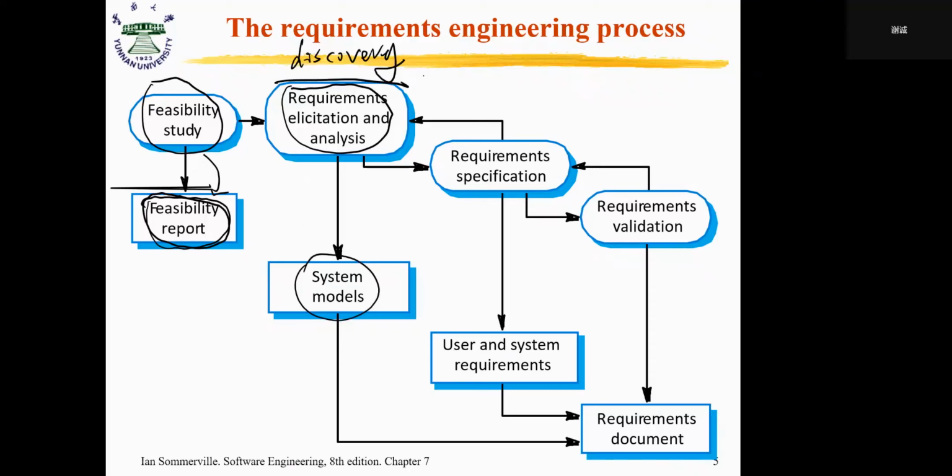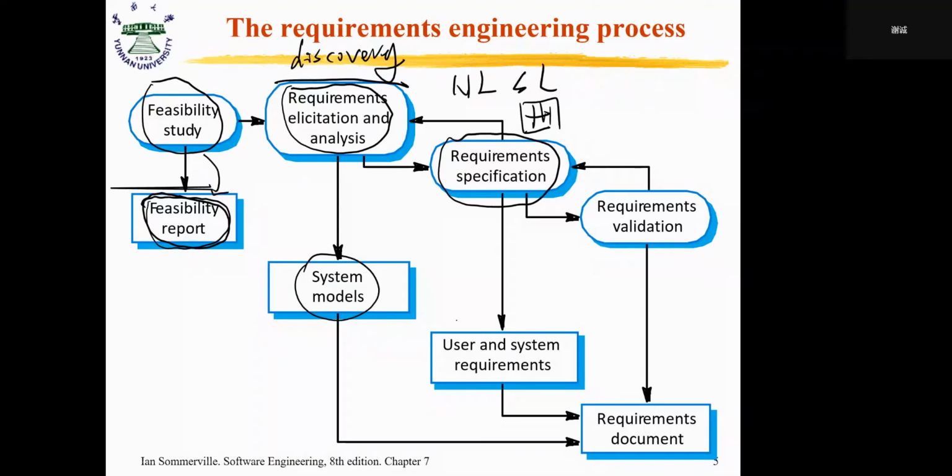And after you discover the requirements, you will write them down. Writing them down becomes the requirement specification. You can use natural language, tabular, or some other form to write it down.